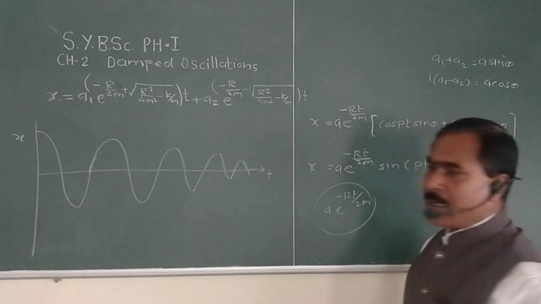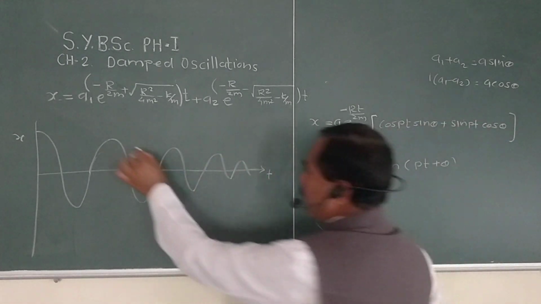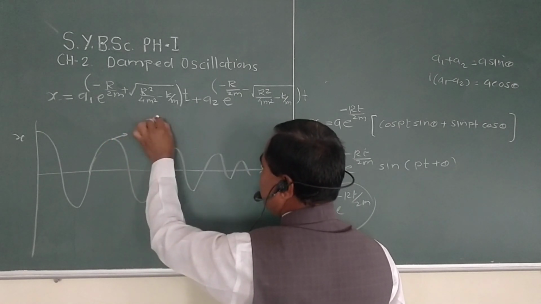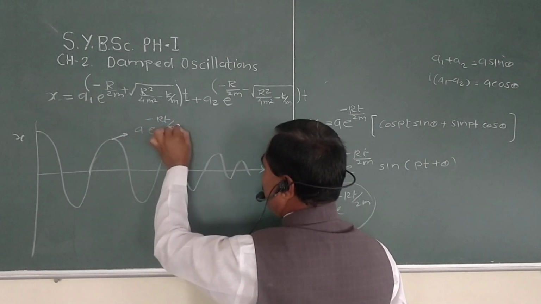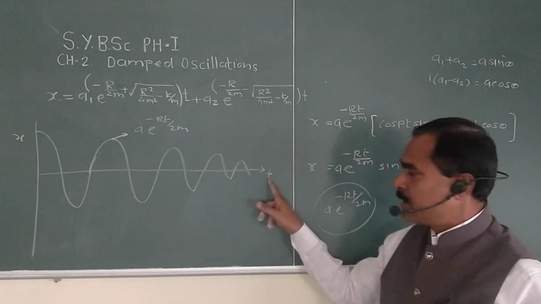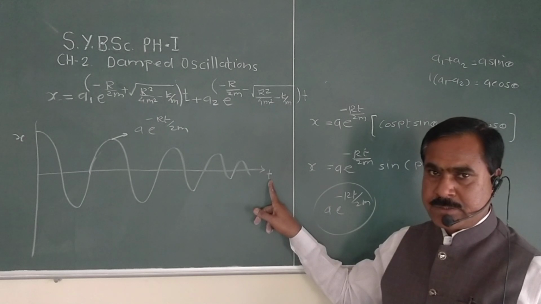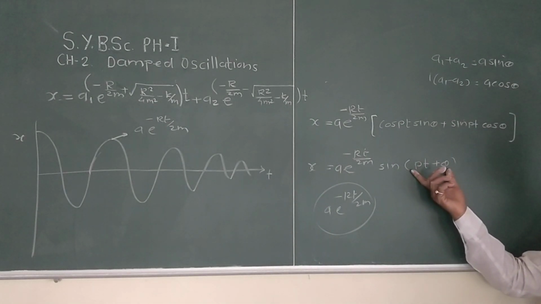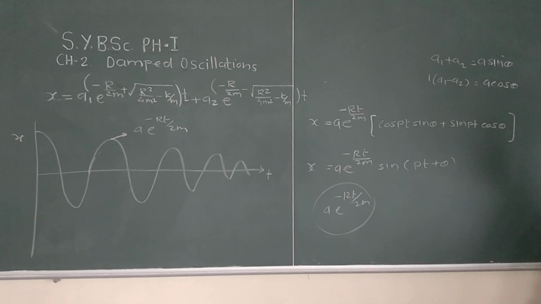This is the oscillatory motion where here is the amplitude, that is a e raised to minus rt upon twice m. Here the amplitude continuously decreases as time increases. So this equation gives the damped oscillatory motion of the oscillator.